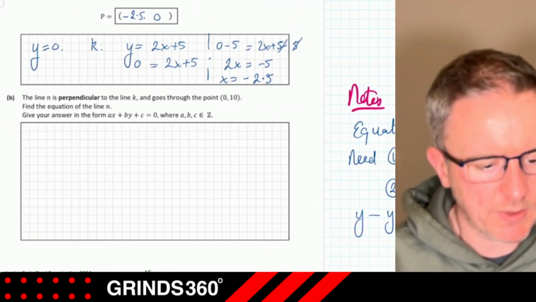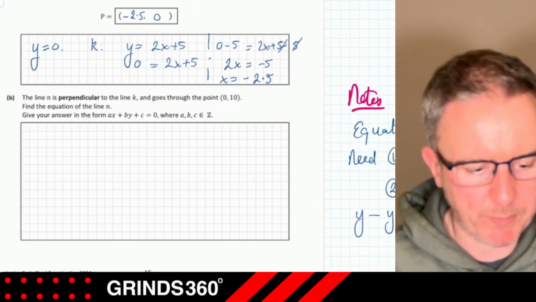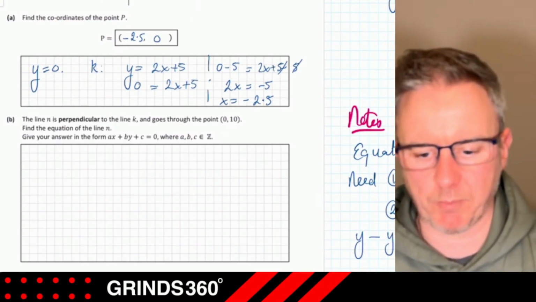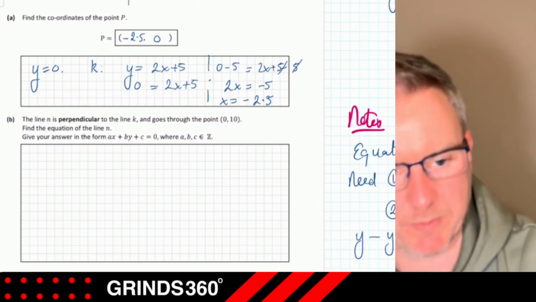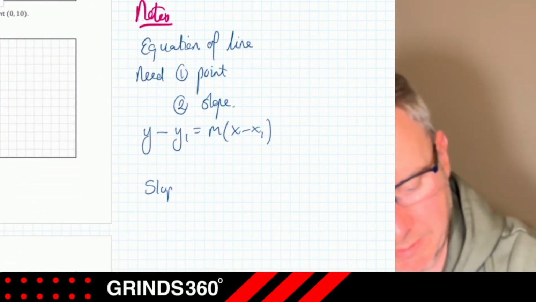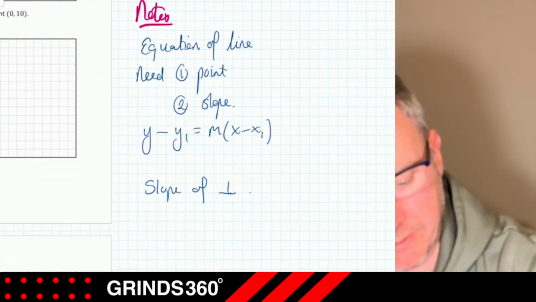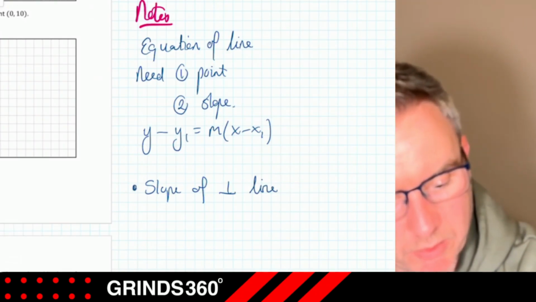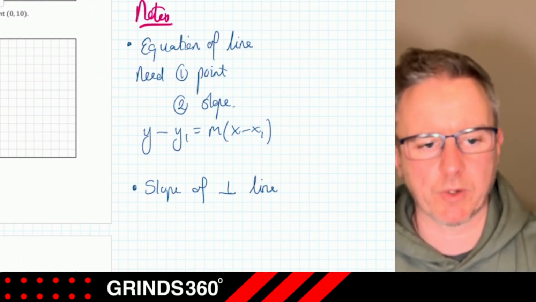All right, so we are told that this line is perpendicular to the line K. Now, what's the story with lines that are perpendicular? So the slopes of perpendicular lines, I'd have this out. So the slope of a perpendicular line. Now remember, these are your quick little notes that you look at before you go into the exam.